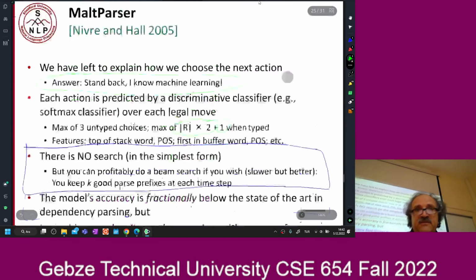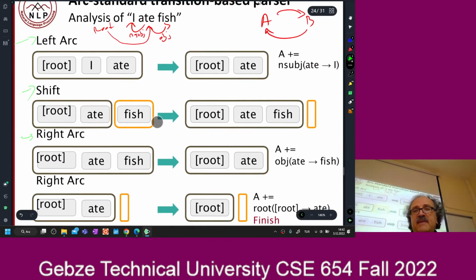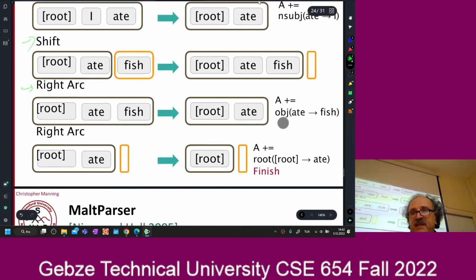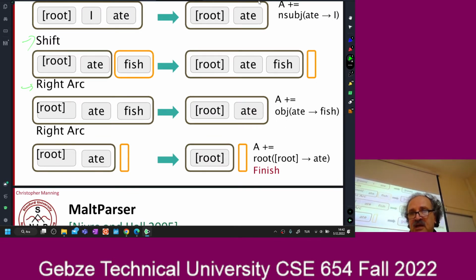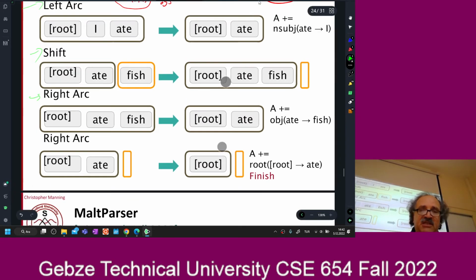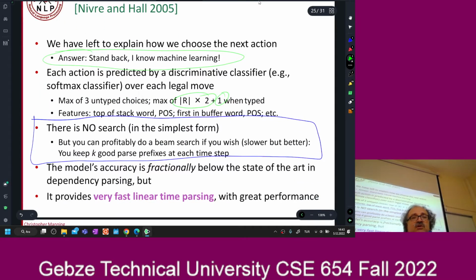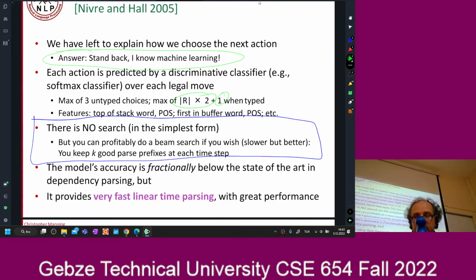Yeah, exactly, shift. For shift there is no parameter, right? It is just shift. But for the arc, I need to specify the type of the arc: arc of the object, arc of root, arc of subject, and etc. Right? So that's the classifier, and there is no search involved in the simplest form.